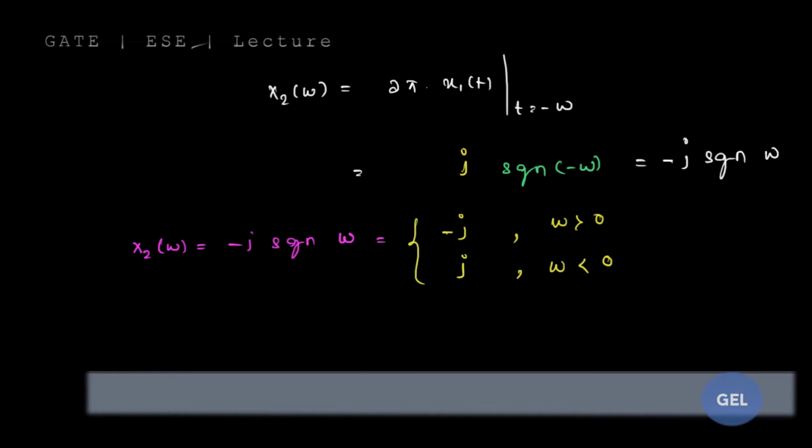Please have very crystal clear clarity here. So this could be your value. Now it could be represented in this format. Minus j, by Euler's formula, is e to the power minus j pi by 2 for omega greater than 0, or e to the power plus j pi by 2 for omega less than 0.